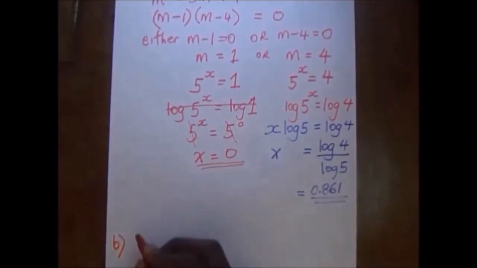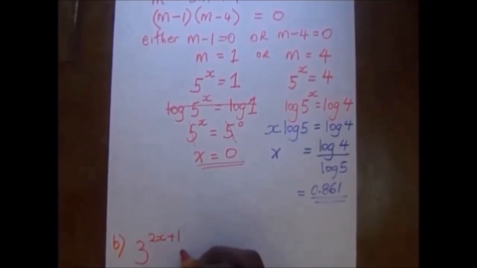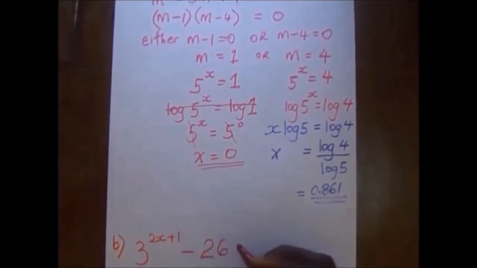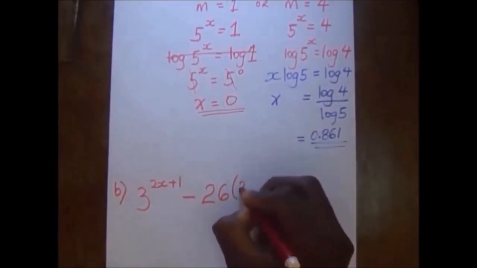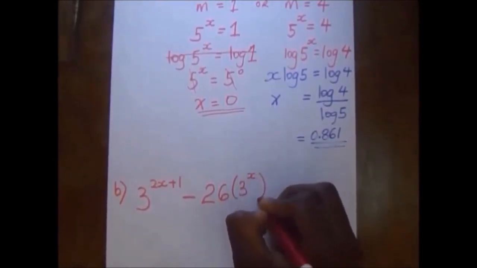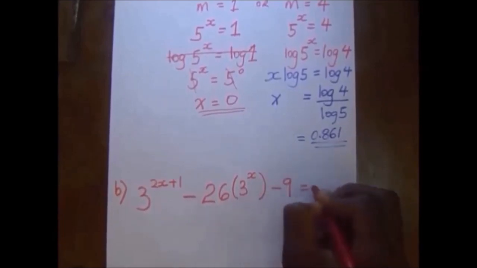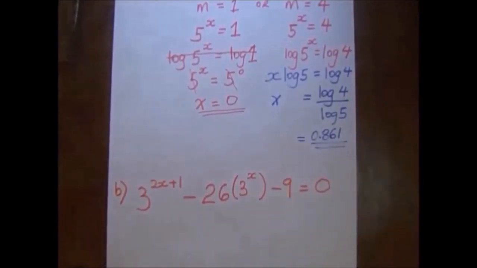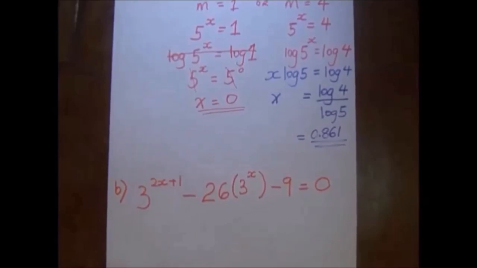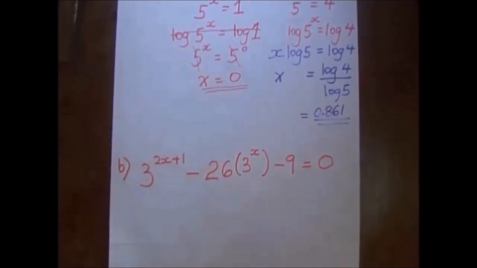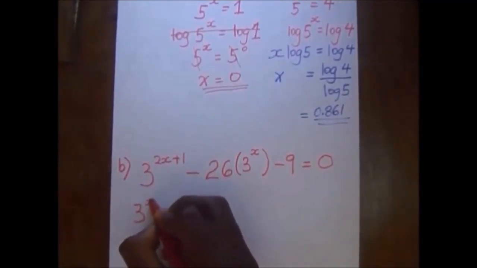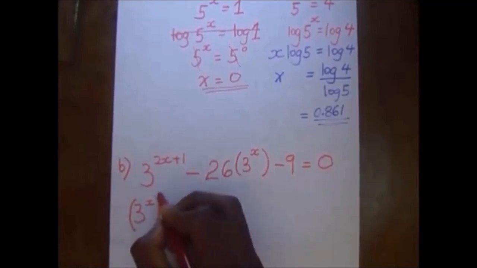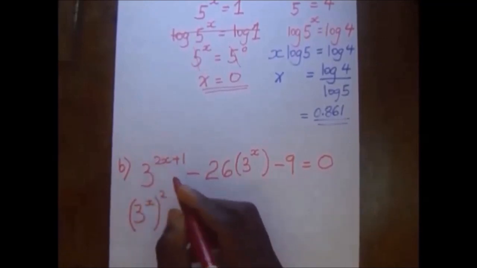Part B of the question is 3 to the power 2x plus 1, minus 26 times 3 to the power x, minus 9, is equal to 0. And there, we are supposed to find the value of x. So we start breaking down the number. It's going to become 3 to the power x to the power 2, because 2 times x is 2x.